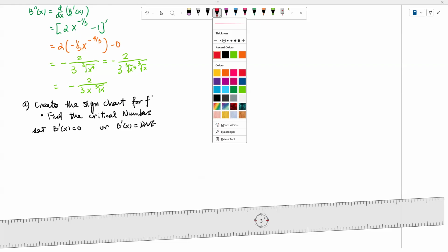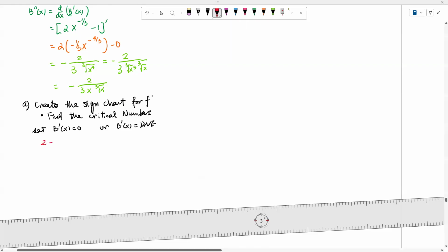And I have 2 minus cube root of x, divided by cube root of x, equal to 0. Basically, if we multiply both sides by cube root of x, we only have 2 minus cube root of x equal to 0.